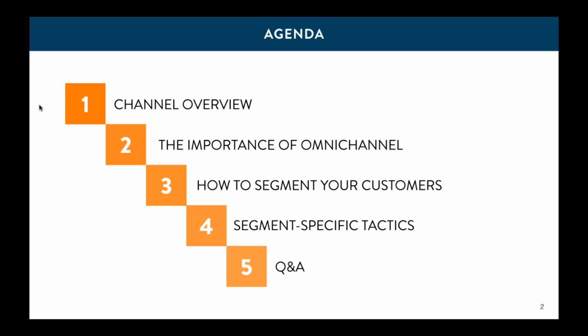And in that section, we're going to talk about what types of technology people are using for each channel. After this, we're going to get into the meat of the webinar, how to segment your customers, and the very specific sales tactics for each customer group that you should identify. And after all of that, we're going to get into your questions.